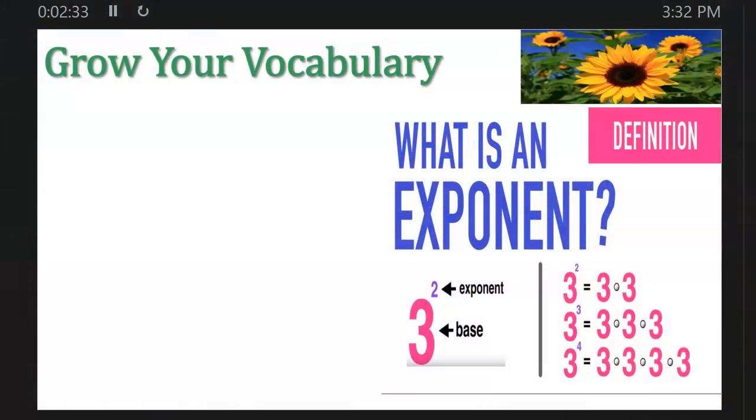All right, let's go ahead and look at some of this vocabulary. Our first word is, of course, exponent. What is an exponent? You can think of an exponent as like a shortcut for telling us how many times to multiply that number times itself, okay? So the exponent is just a little bitty number that's to the right and above the number that we're multiplying. And that number is called the base.